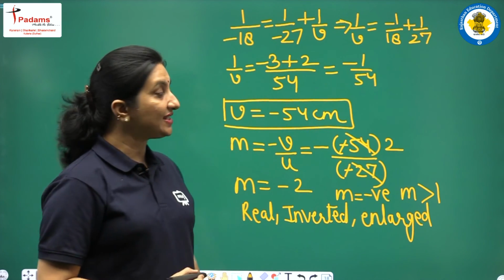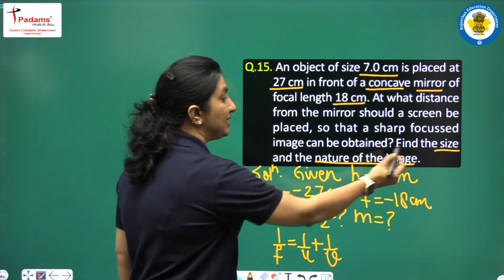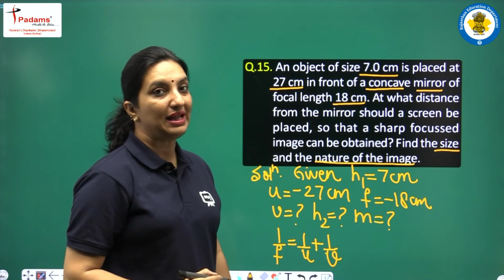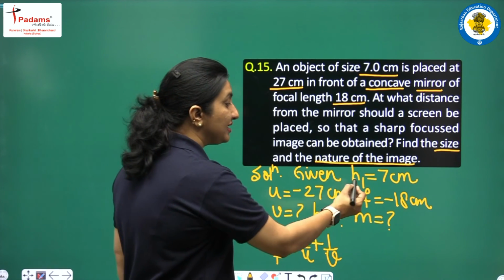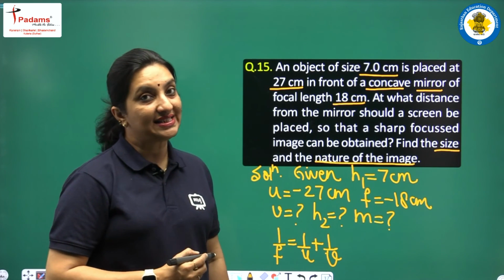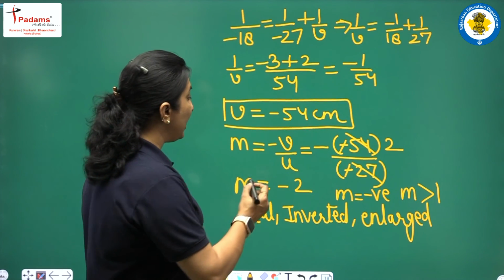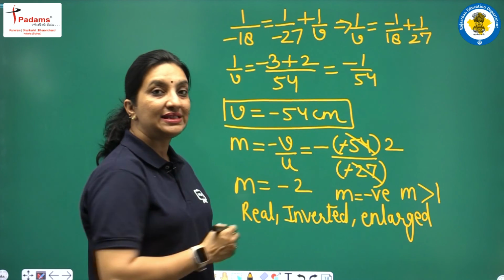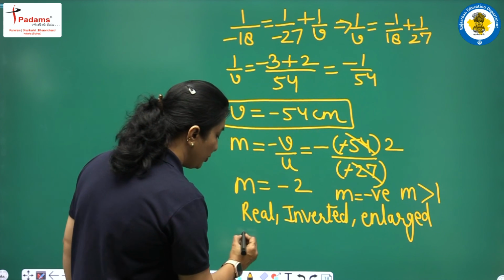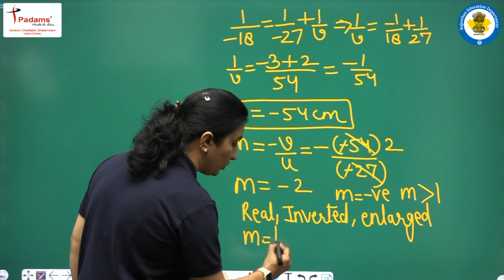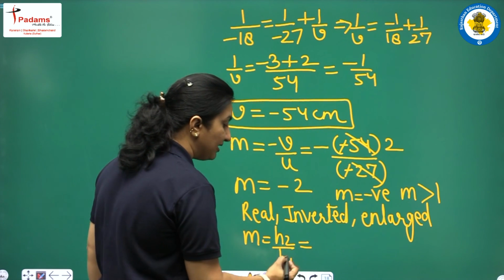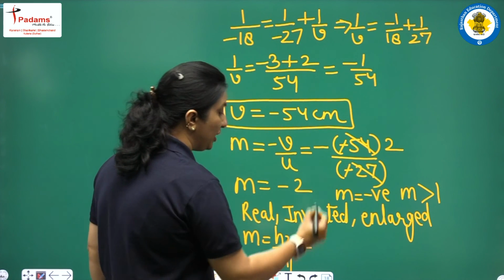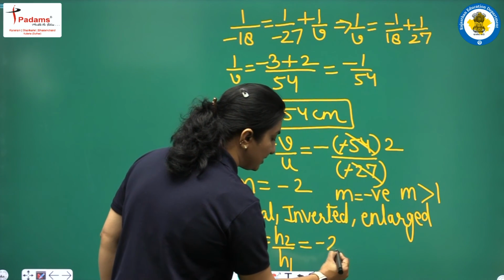Now what is asked next? We need to calculate the size of the image. Now in order to calculate the size, here the size of the object is given as 7 centimeters and we have calculated the value of m as minus 2. So we will use the formula m is equal to h2 upon h1, and here h2 upon h1 will be equal to minus 2.